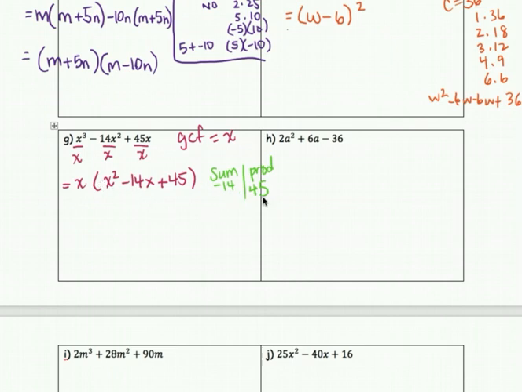All right, what makes 45? You can go through all the factors: 1 and 45. No, that's not going to make 14. 3 and 15 makes 45, but not 14.